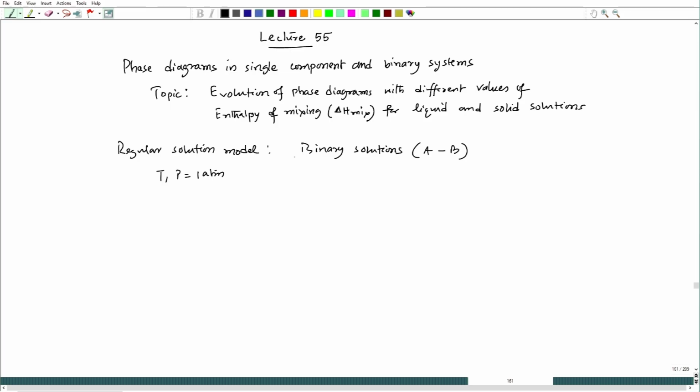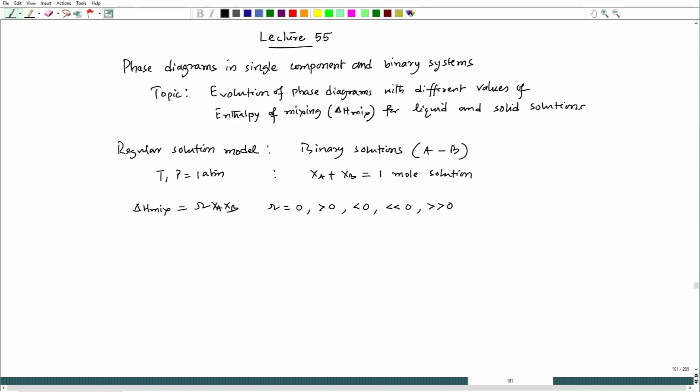Now, we are taking 1 mole of substance, that means X A and X B are the mole fractions of the two components, and when you add them together it gives you 1 mole of solution. It could be liquid or solid solutions, and we have seen that delta H mix is given as omega X A X B, where omega can be 0, greater than 0, or less than 0.